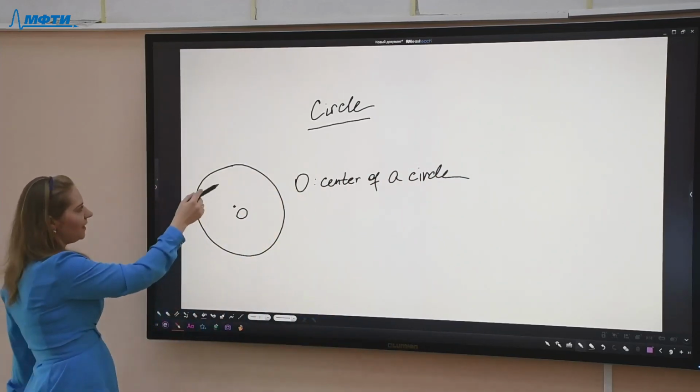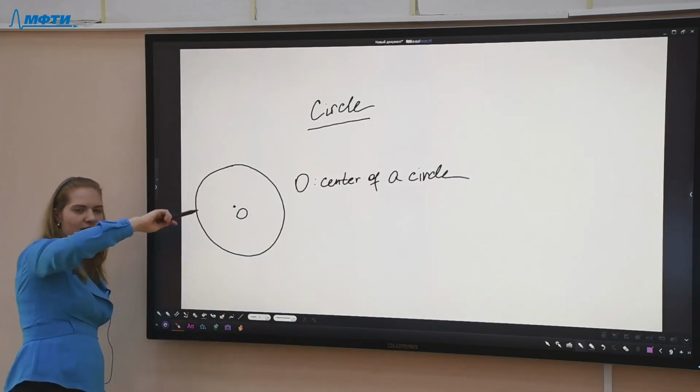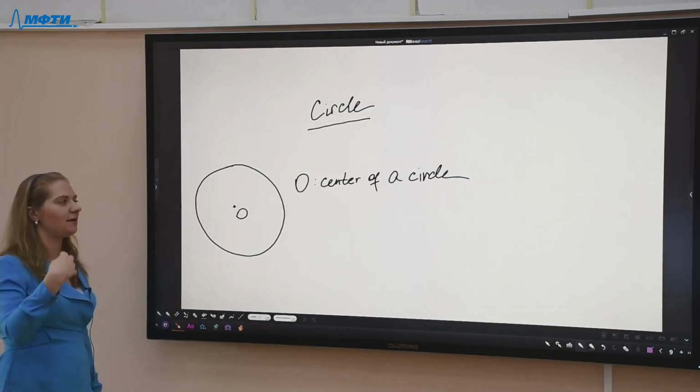And this distance around the circle is called a circumference.